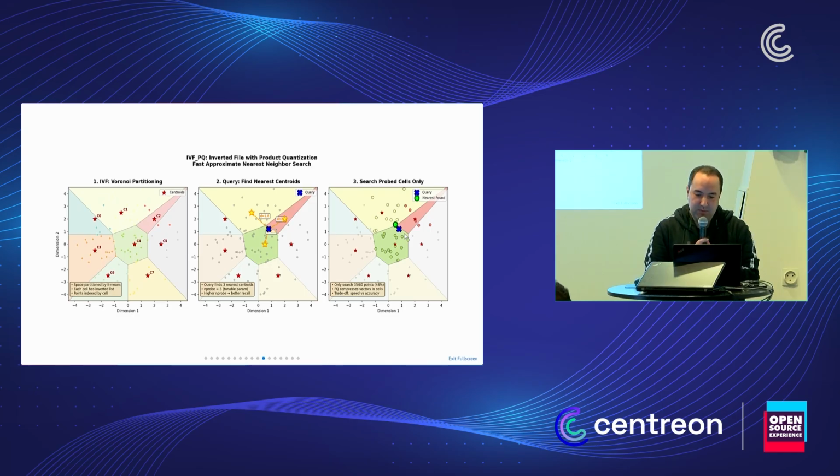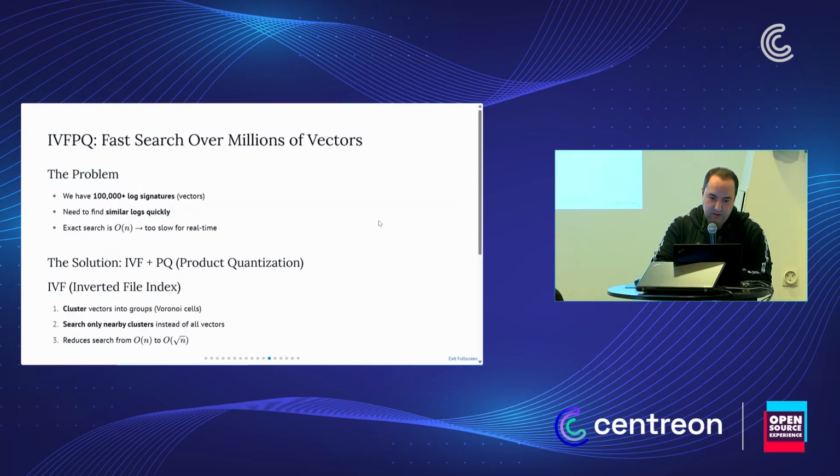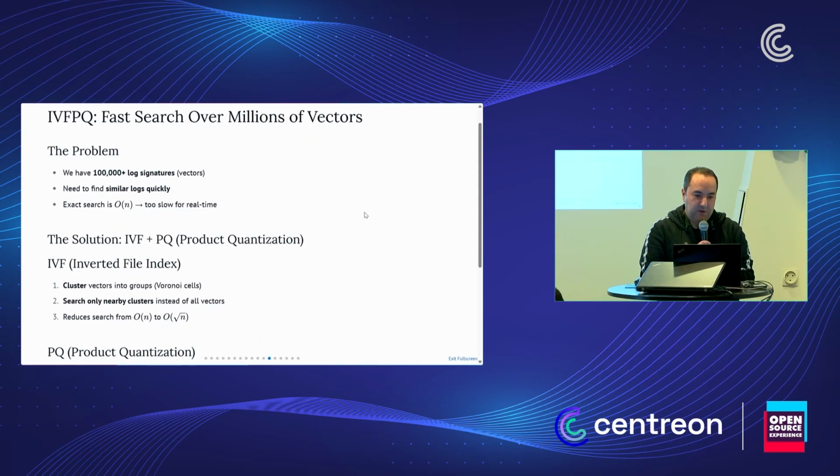The PQ is very important because we use what we call product quantization. What is product quantization? It means that we simplify the representation of the signatures further by splitting the vectors into subvectors and storing just what we call code words, a code book. Okay, so we have 100,000 log signature vectors.